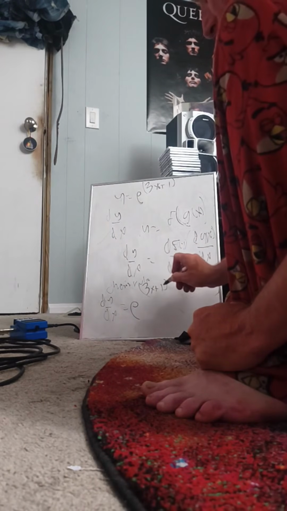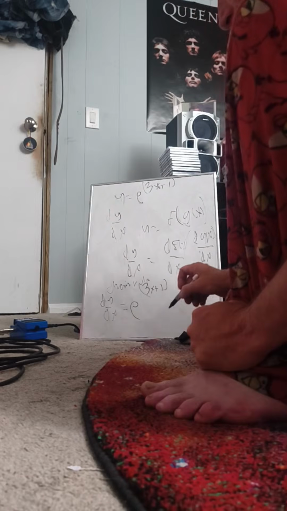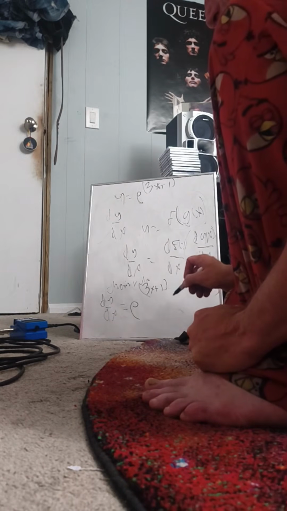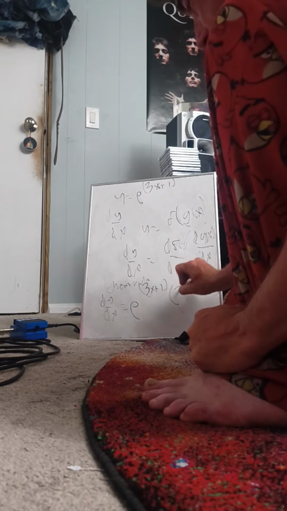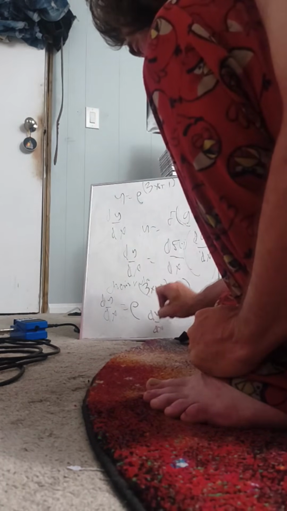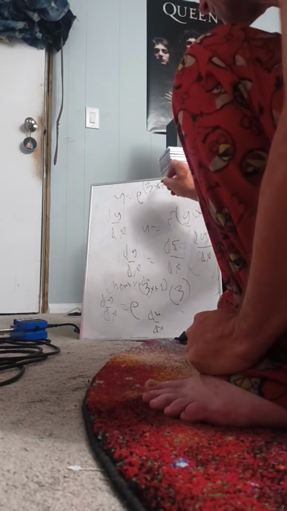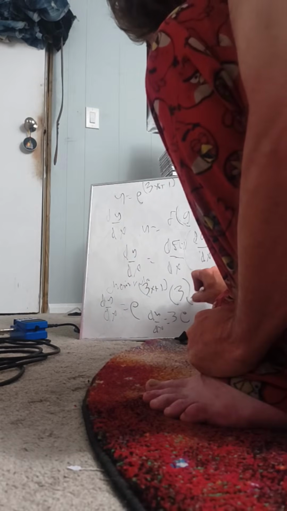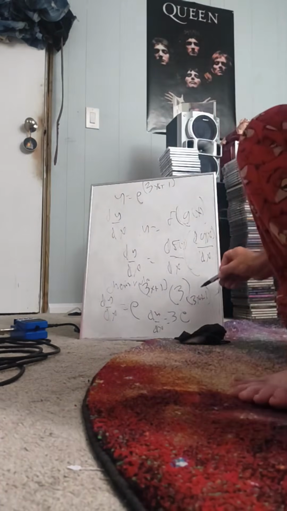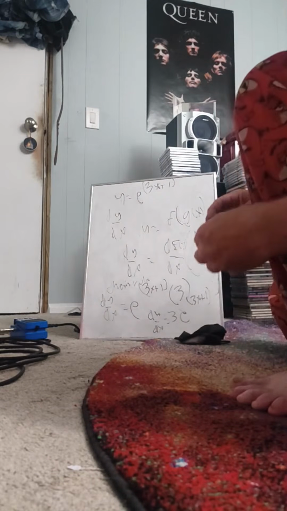The derivative of 3x plus 1 turns out to be 3. Trust me, it's just a simple rule. So that would be times 3. So dy/dx, if y equals e to the 3x plus 1, is 3 e to the 3x plus 1 by the chain rule, knowing that the derivative of 3x plus 1 is 3. It's just a simple rule.